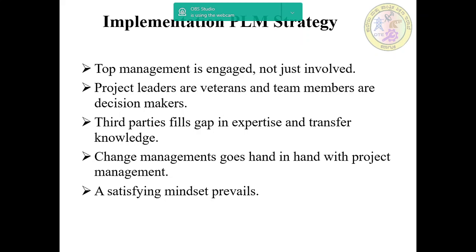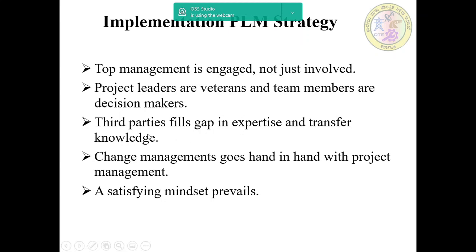Veterans of the organization should involve the junior team members in decision making because team members can give a lot of input on minimal changes required in the project that may lead to saving time and effort. Most organizations do not have the practice of involving junior team members in taking the main decisions. By doing so, valuable time and effort will be lost.